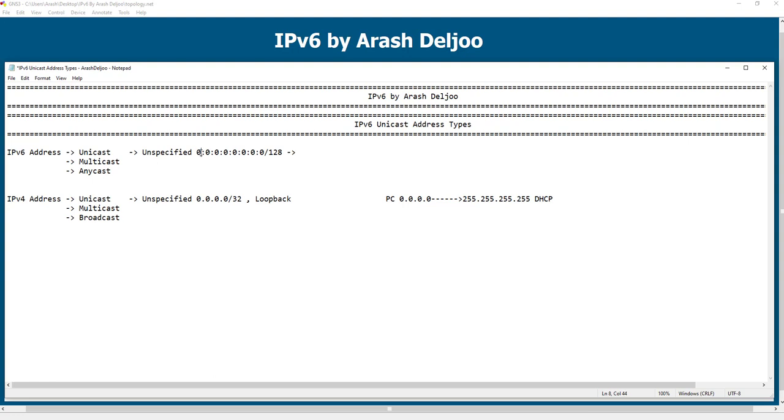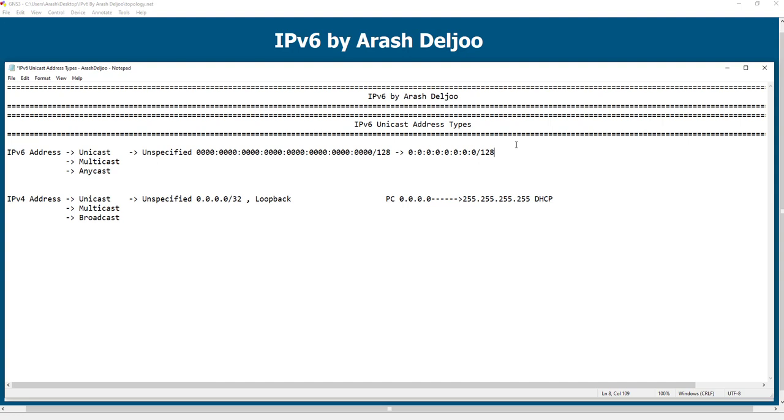By default, this unspecified IP address has four 0s in every hextet, but I omitted the leading 0s. You know that this is the first rule of simplifying the IPv6 address. Look here. The original IPv6 address for the unspecified IPv6 address is this, but I am omitting the leading 0s here. Now we have a compressed form.